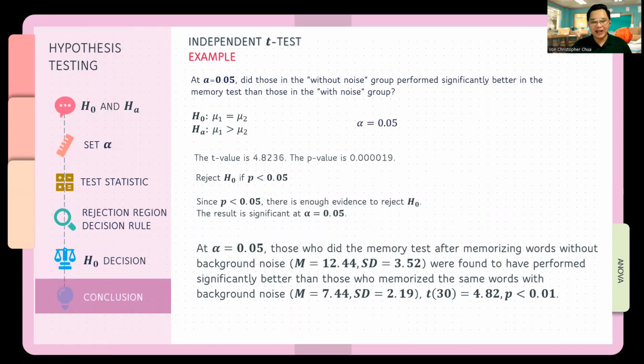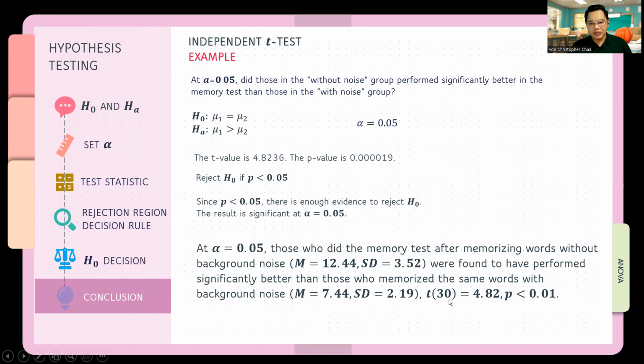Now we can write the conclusion for this hypothesis test. And we say that at alpha equals 0.05, those who did the memory test after memorizing words without background noise were found to have performed significantly better than those who memorized the same words with the background noise.